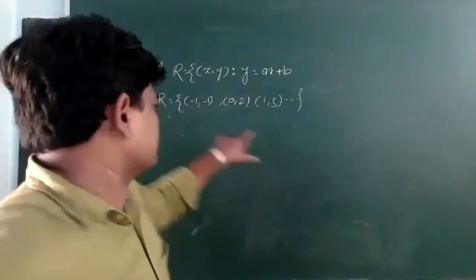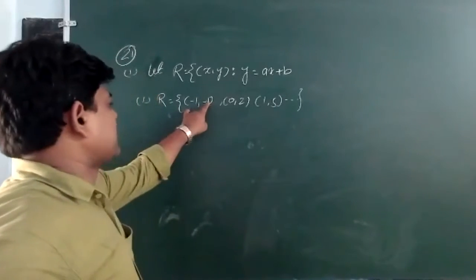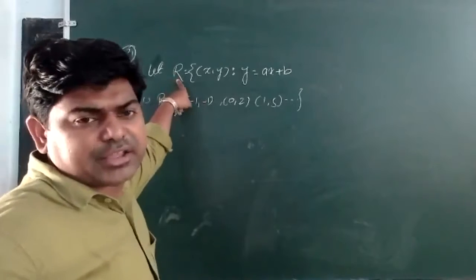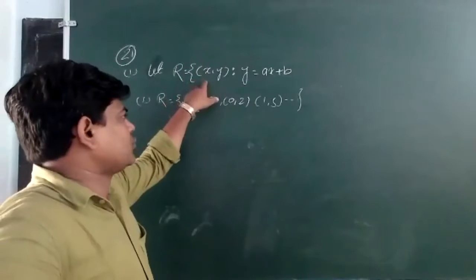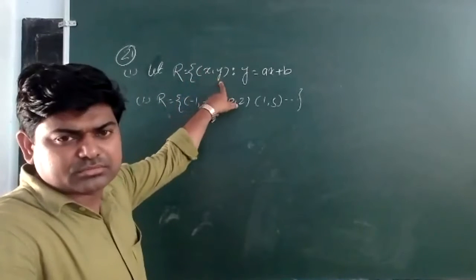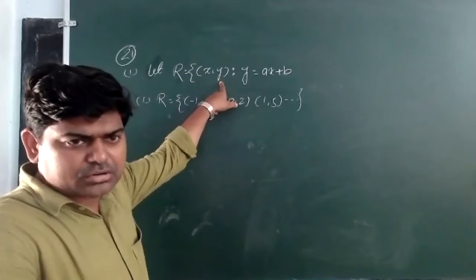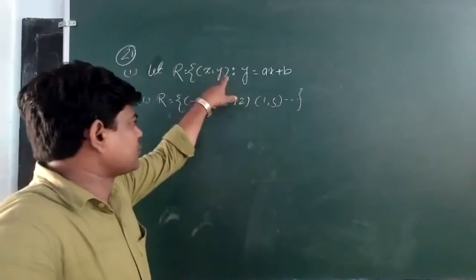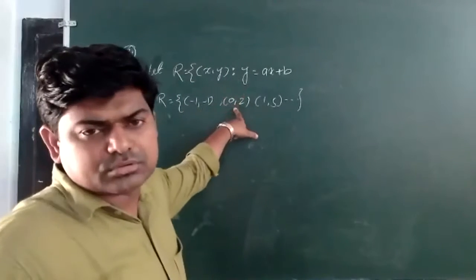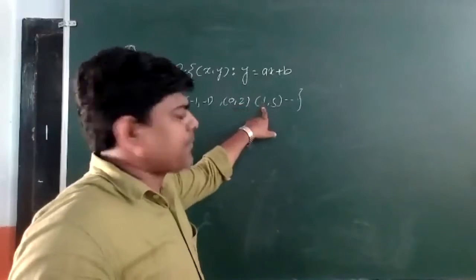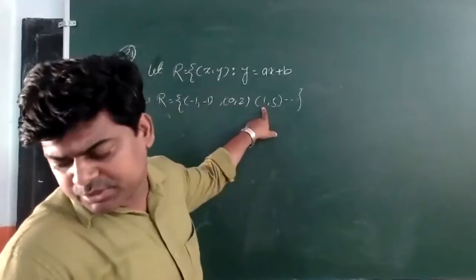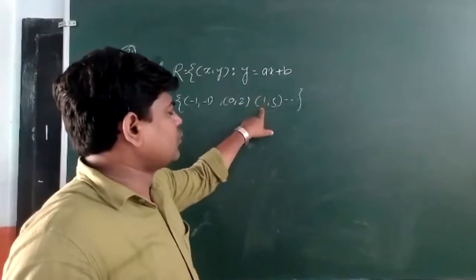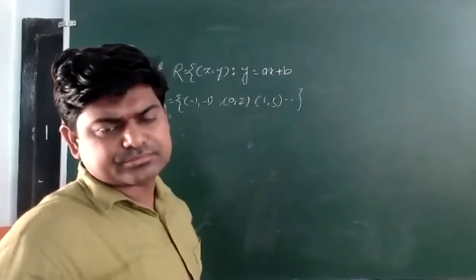What is the meaning of this? If (-1, -1) belongs to R, it means when x is equal to -1, y will be -1. If (0, 2) belongs to R, it means when x is equal to 0, y will be 2. If (1, 5) belongs to R, it means if x is equal to 1, y is equal to 5.